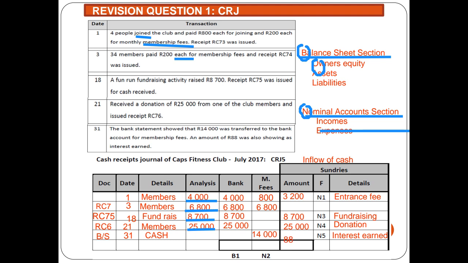And then now I'm ready to go to the bank. You know where I must go. So I must go to which column now? Analysis. How much must I record under analysis? 14,088. 14,000 and 88.